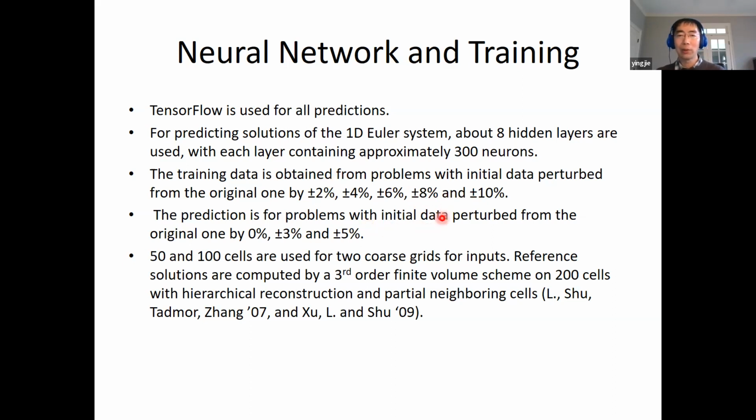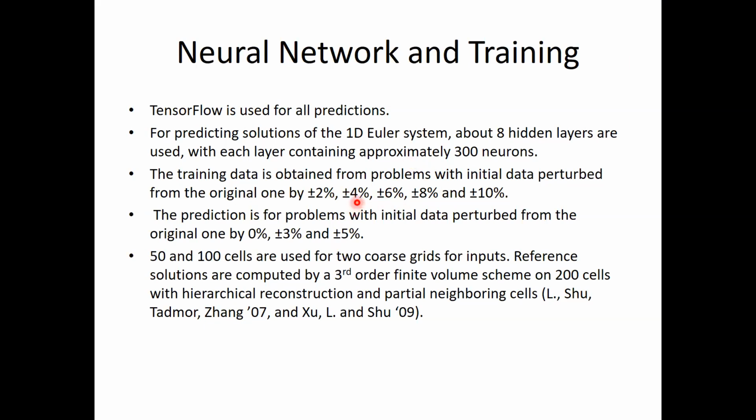There's no problem at all. And I also believe the training data doesn't have to be so close to the prediction data. This is just a first paper we have done, but this method is, I would say, pretty robust.